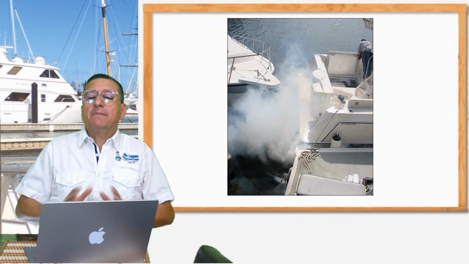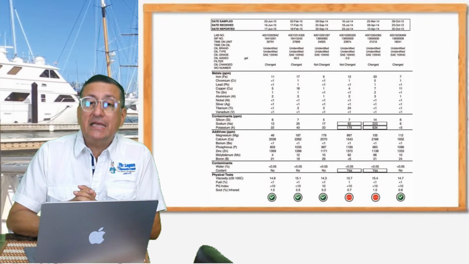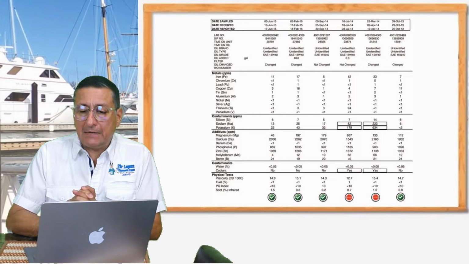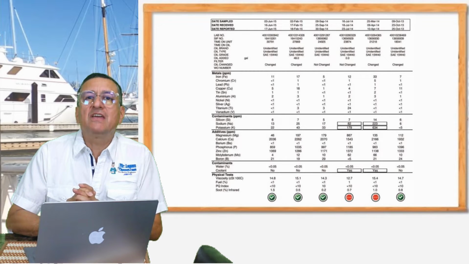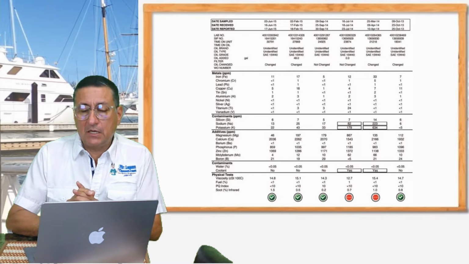Okay, but today we are going to concentrate on the oil sample analysis. This is an element that, in my opinion, provides the majority of the information for the engineer, for the inspector, about the situation of the engine. Why?